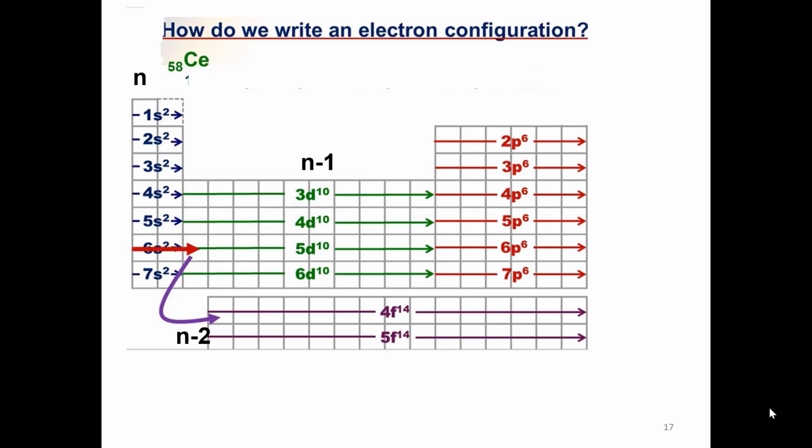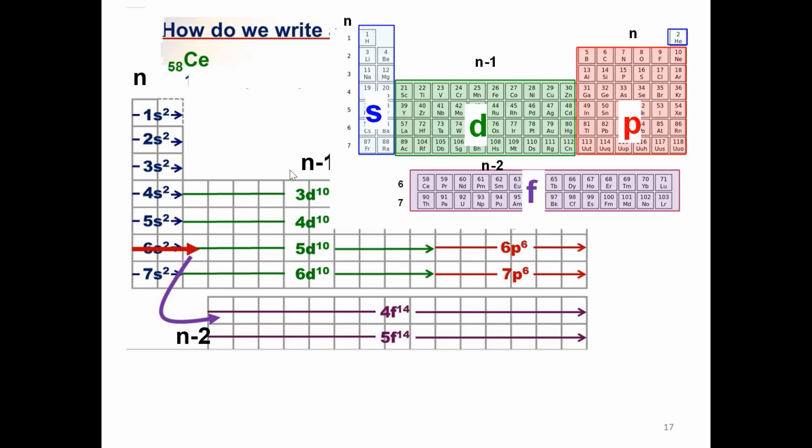Now let's see how do we write an electronic configuration for cerium. And let's see why we want to write the electronic configuration for this element. And lanthanum is here, but cerium is here.